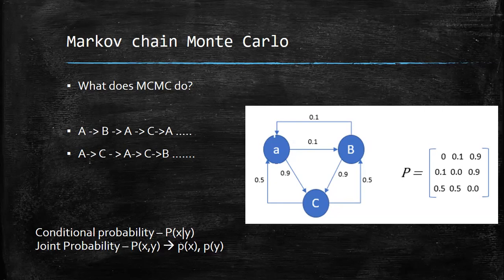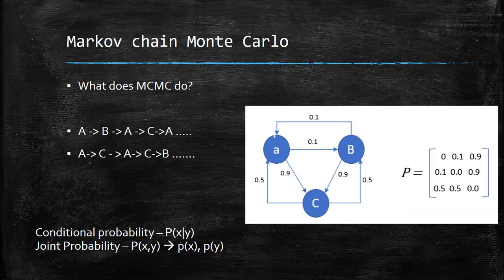Each sample is basically trying to understand the distribution which is governing these states. Our goal from MCMC is to use conditional probabilities like P of X given Y, that is, the probability of getting to B using A, and use these conditional probabilities to understand the joint probability distribution.